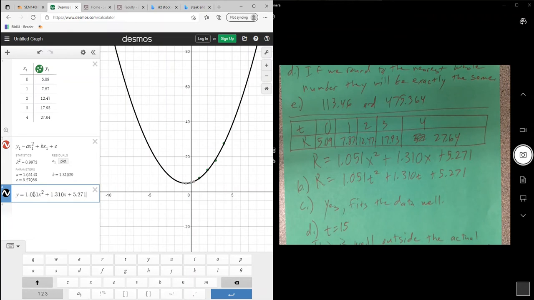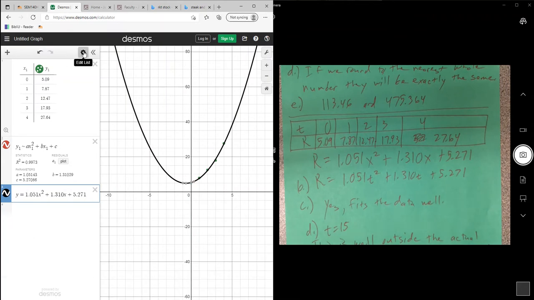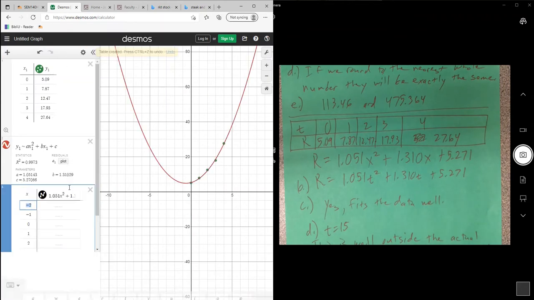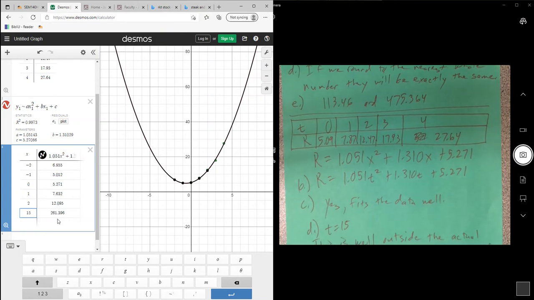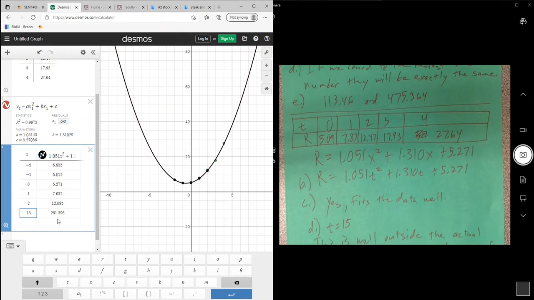Okay, now I will go up here to this wheel, get our table, and then I could just type in 15. And it will give us this 261.5, well, 261.3 if we round to one decimal place.